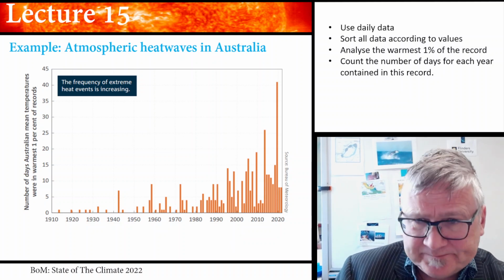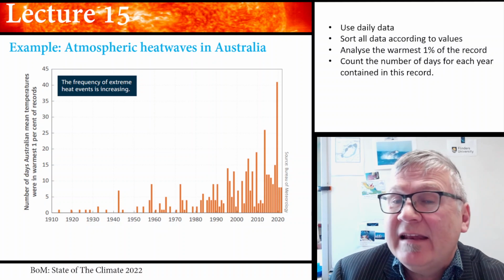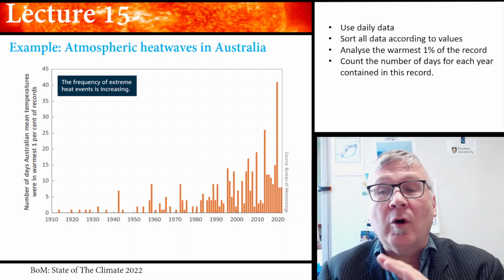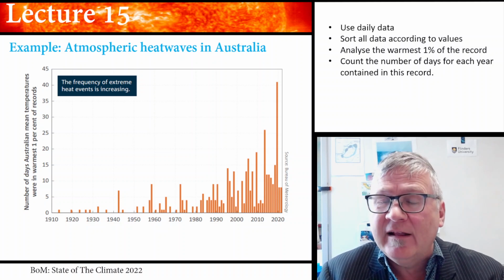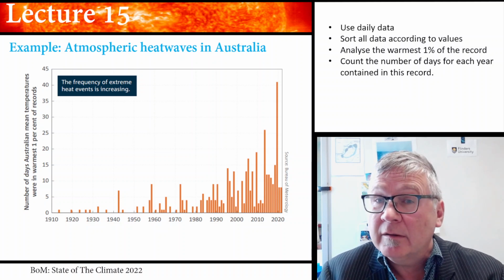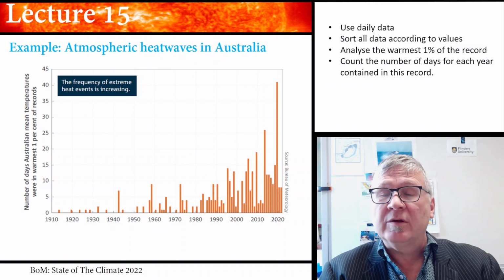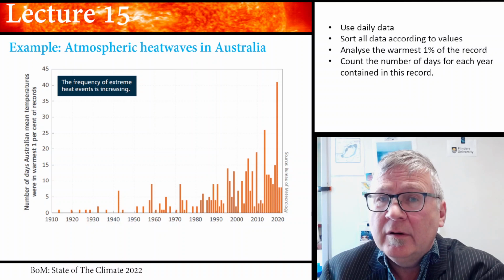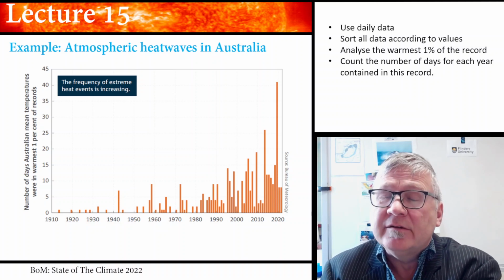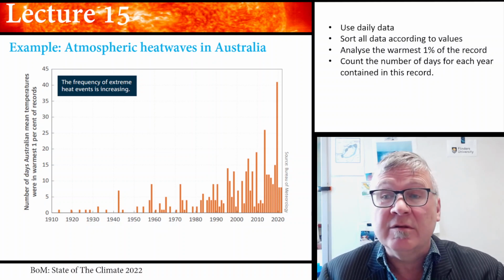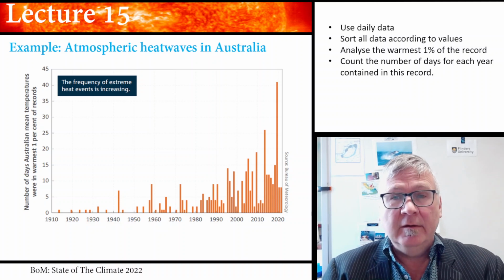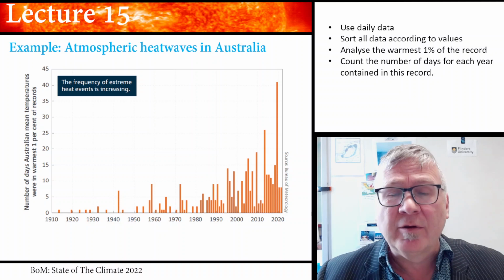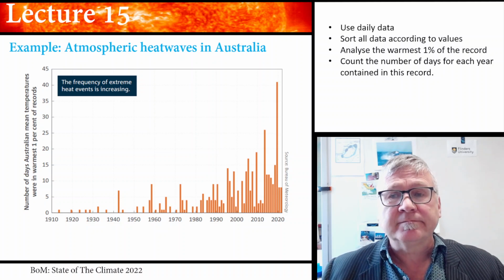So what they did. They used daily data. They sorted all data according to the values: the lowest temperatures on the left and the warmest instances on the right, the highest temperatures on the right, based on the entire records that they have.